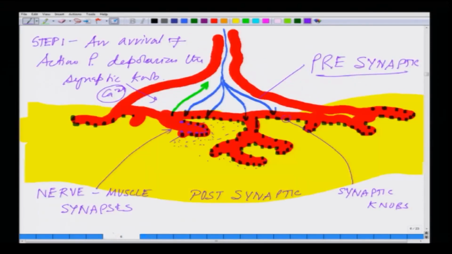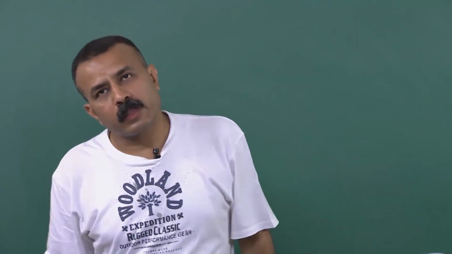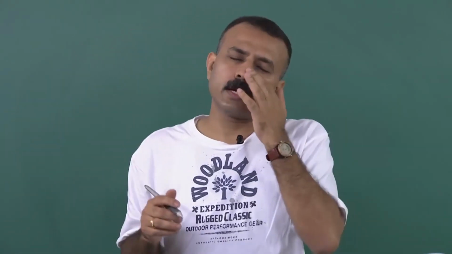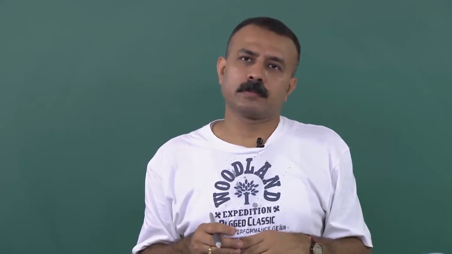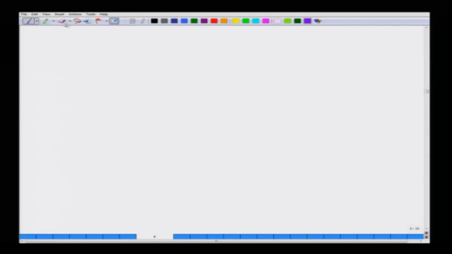postsynaptic membrane. Coming back to the postsynaptic, there are receptors for the acetylcholine, and they bind on top of them. As soon as they bind on top of these postsynaptic membranes, this opens up a series of cation channels. So, what is happening? Visualize this slide.